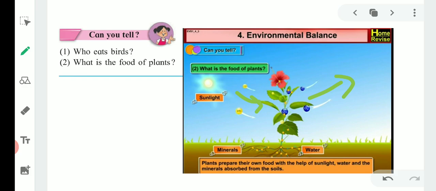O2 means oxygen, which is essential for animals and human beings. So the plant prepares its food with the help of sunlight, minerals, water, and CO2.